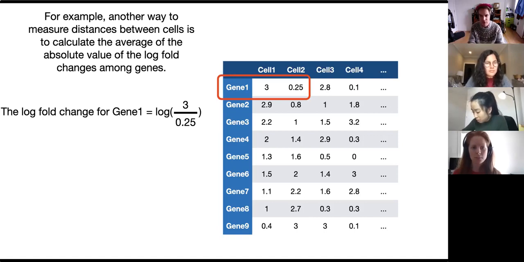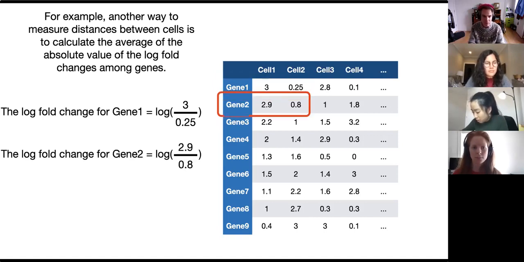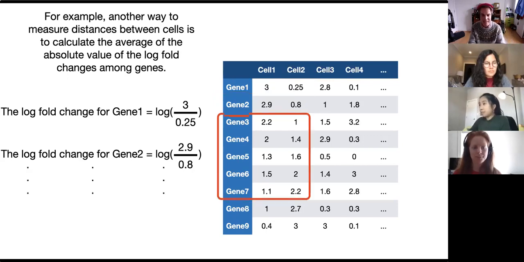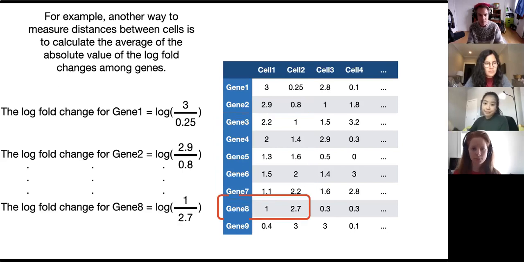That's the log fold change. The log fold change for gene 2 is the log of the ratio of cell 1 to cell 2. We just do a lot of those, and then we do that for everything.